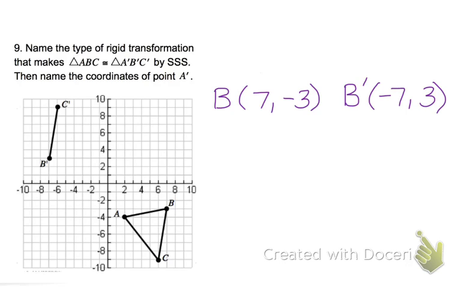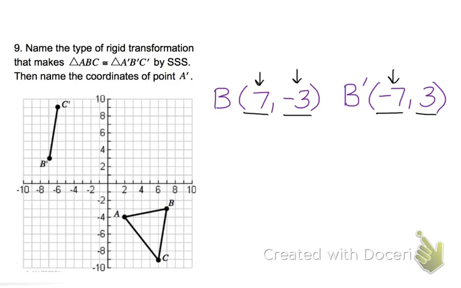I notice that the x coordinates stay in the same spot, so the 7 is first here, and it's also first for B'. And the y coordinate is also in the second spot for B'. But what I do notice is that the x coordinate is 7 here, and then it's the opposite, -7.